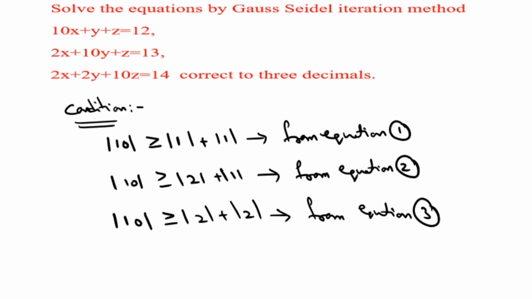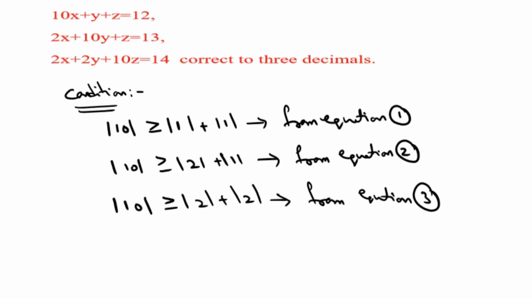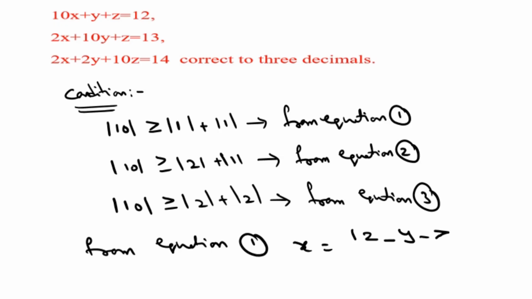Now from equation 1 we can find the value of x is equal to (12 - y - z)/10.